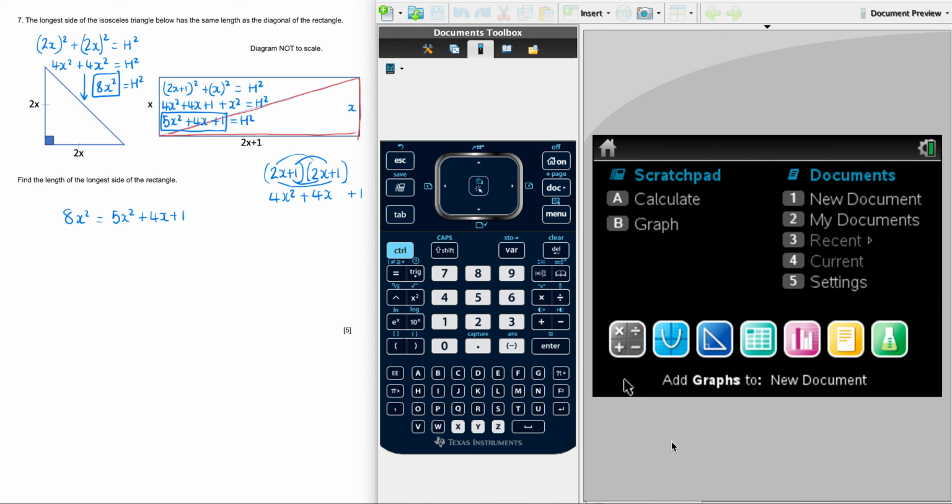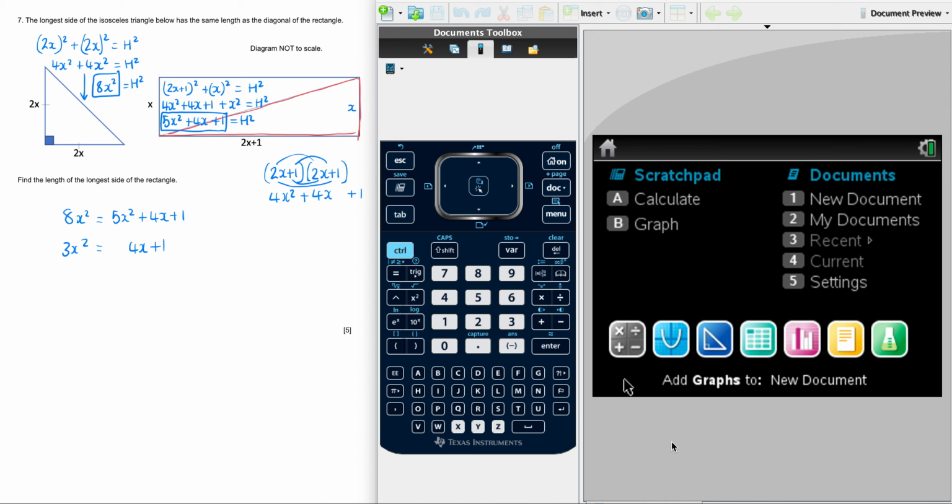In order to do that, I need to make it equal to 0. We know the only way to solve a quadratic is to make it equal to 0. I'm going to take everything to the left-hand side in order to keep the squared term positive. If I subtract 5x from both sides, 3x squared equals 4x plus 1.